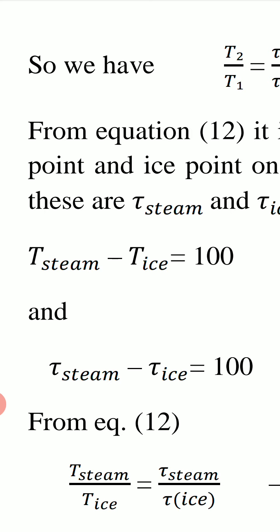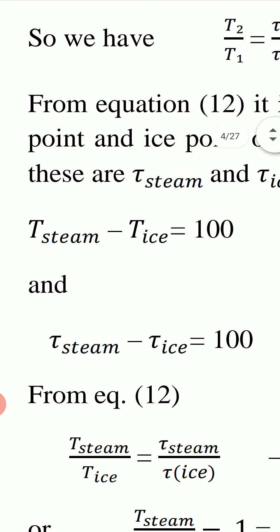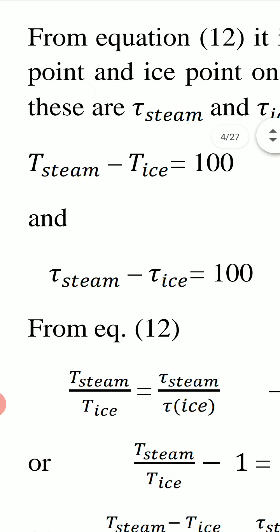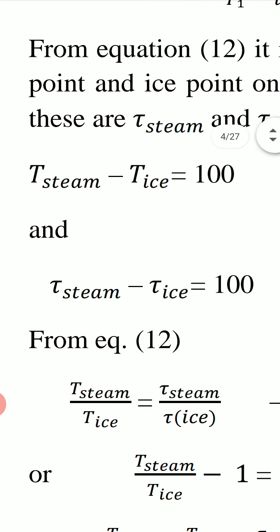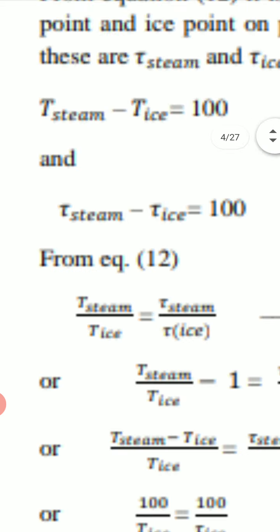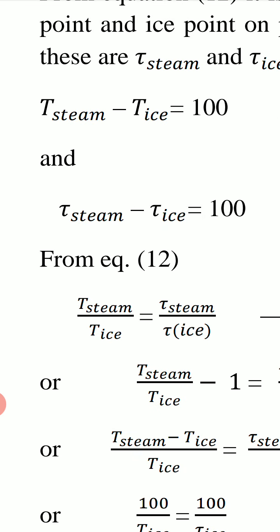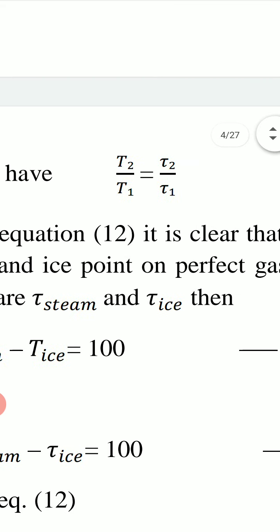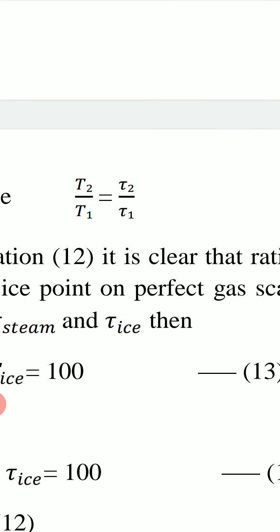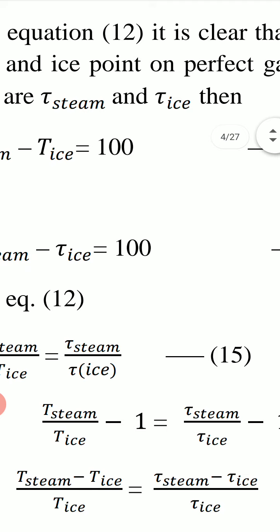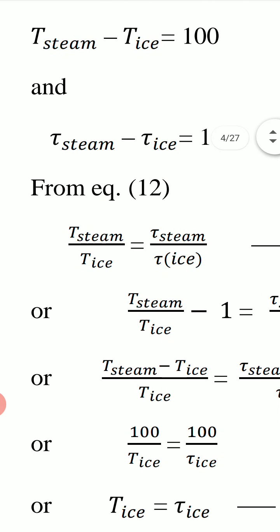Also in Kelvin's absolute scale this difference is equal to 100, that is tau steam minus tau ice is also equal to 100. Now from the relation T2 upon T1 equal to tau 2 upon tau 1, we can write T steam upon T ice equal to tau steam upon tau ice.